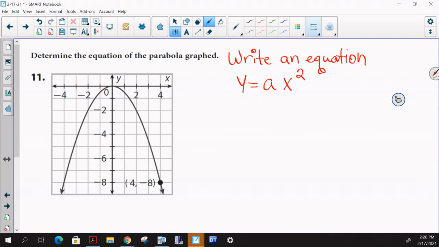And is it a vertical stretch or is it a compression? Well, if I pencil in the parent graph, I know that the parent graph has the values of 0, 0, 1, 1, and 2, 4, just like that. So here's the parent graph.